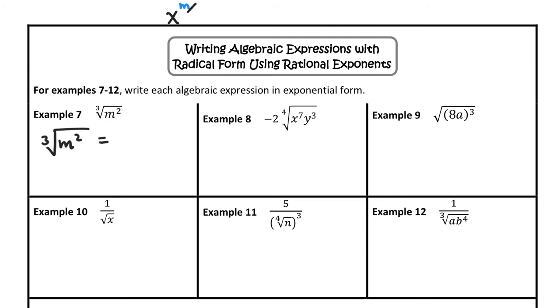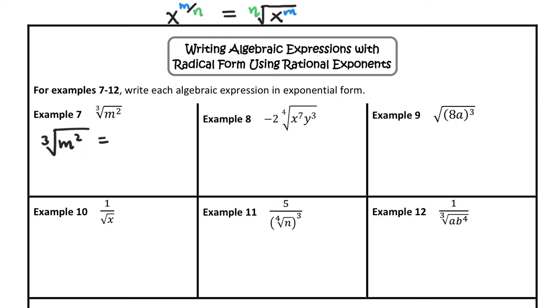It was something like this. So we say that this is equal to the nth root of the variable to the power of m. I'm just writing the rule back up here so we can have it as a reference.